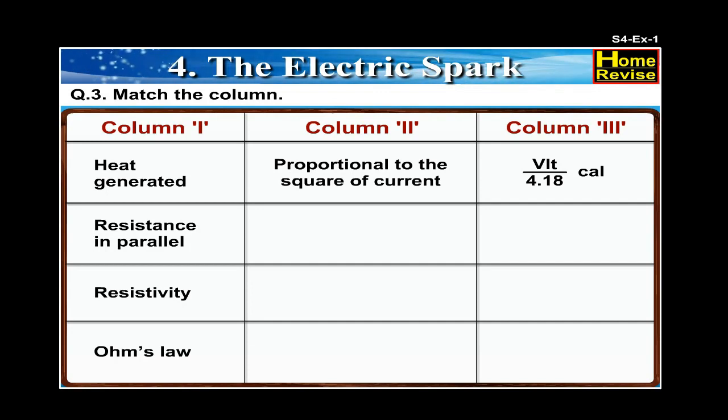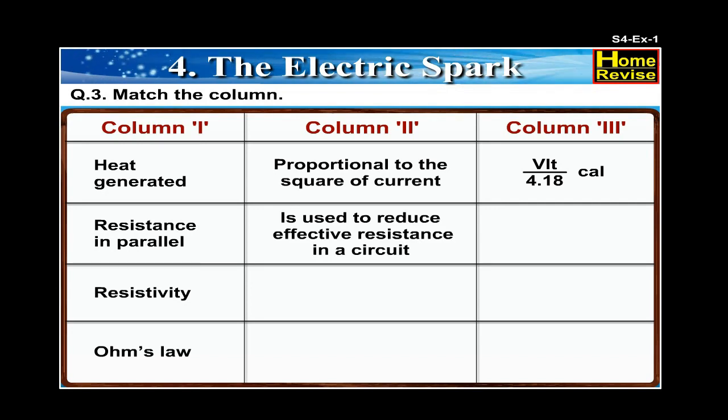Resistance in parallel is used to reduce effective resistance in a circuit. The formula used to calculate resistance in parallel is 1 upon Rp is equal to 1 upon R1 plus 1 upon R2.